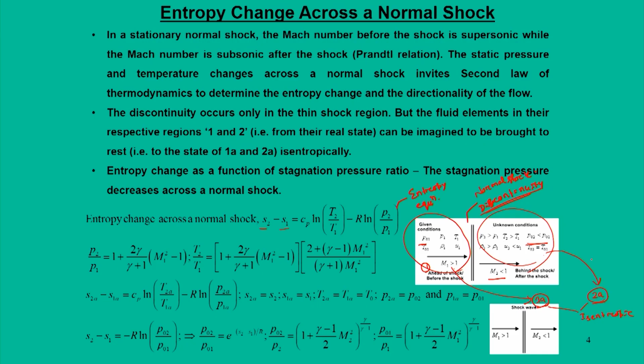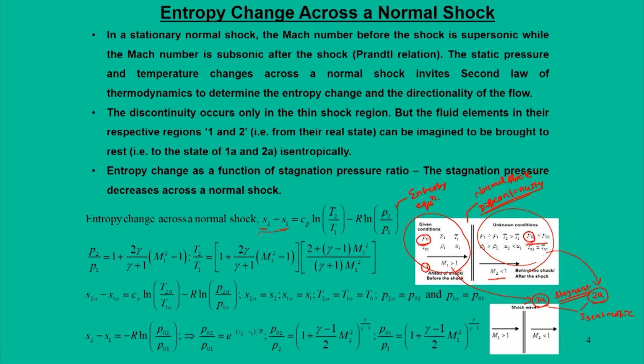The flow is stagnant at 1A and 2A, so at 1A the stagnation pressure is P naught 1, and at 2A the stagnation pressure is P naught 2. Since both states are brought isentropically, you can rewrite the equation in terms of stagnation pressure.